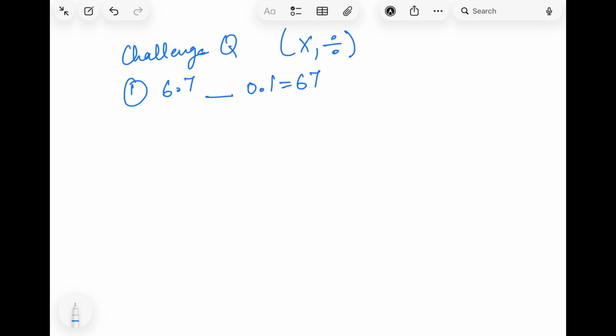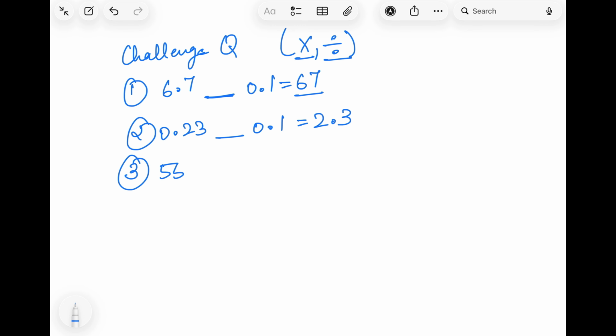How do we get 67? You need to put whether here you can multiply or divide for getting this answer. And for second, 0.23, 0.1, and the answer is 2.3. The third question, 550, 0.01, and the answer is 5.5.